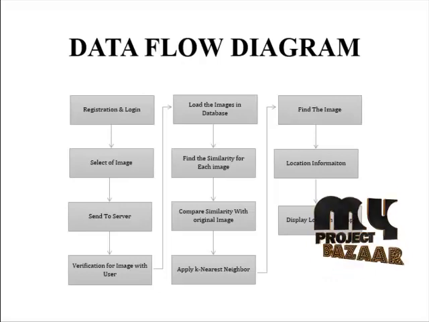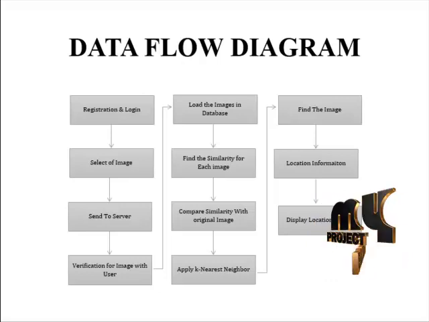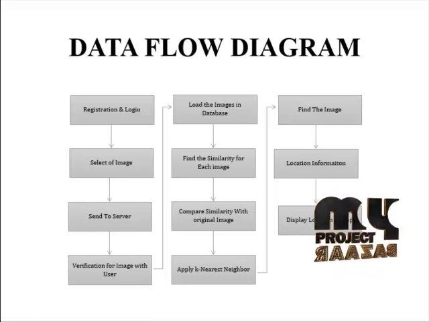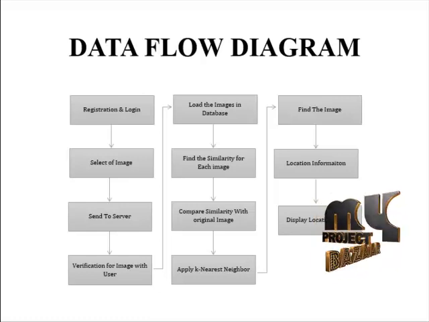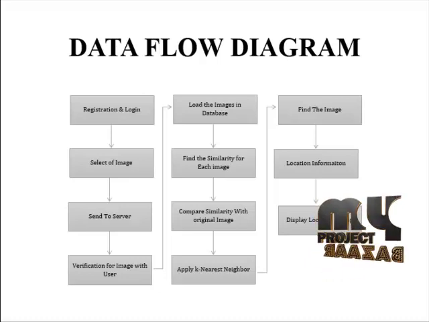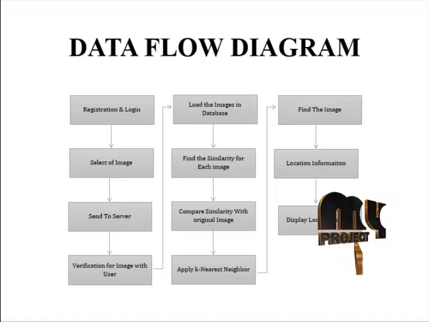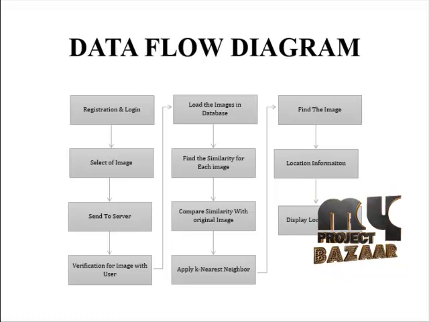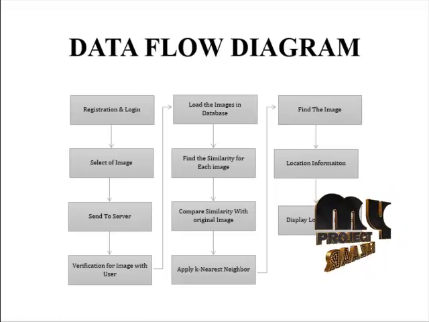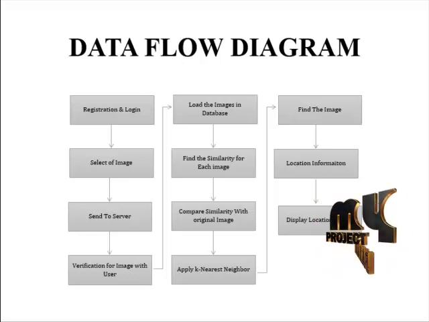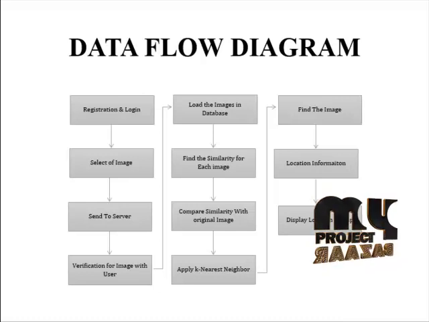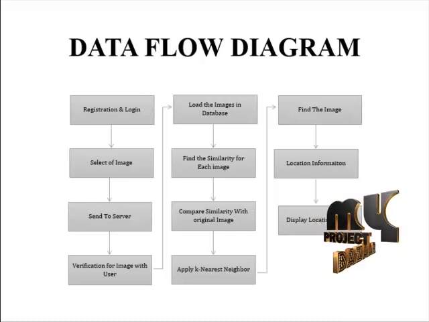Now we filter those images through the k nearest neighbor process. In that k nearest neighbor, we find the nearest neighbor similarity values related to the original image. In the next step, we find the accurate images for the user's given original image, and then we find the location information of the particular image.